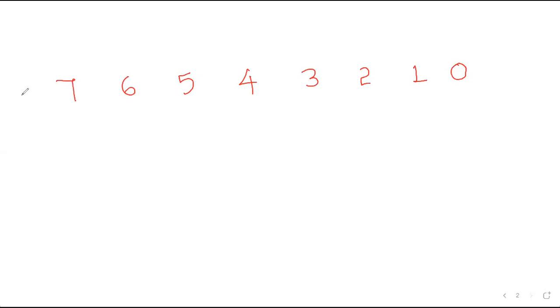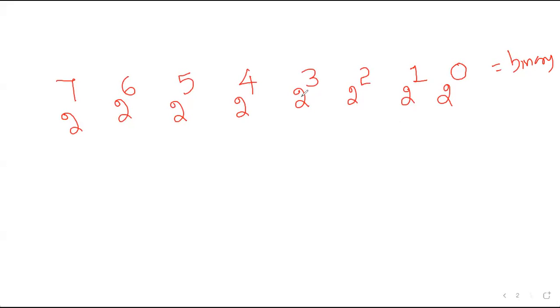It goes this way, 8, 9, 10, for example. So if it is binary, then we're going to write 2 raised to 0, 2 raised to 1, 2 raised to 2, 2 raised to 3, 2 raised to 4, 2 raised to 5, 2 raised to 6, 2 raised to 7. Pay close attention to this to clearly understand. So this is called binary.